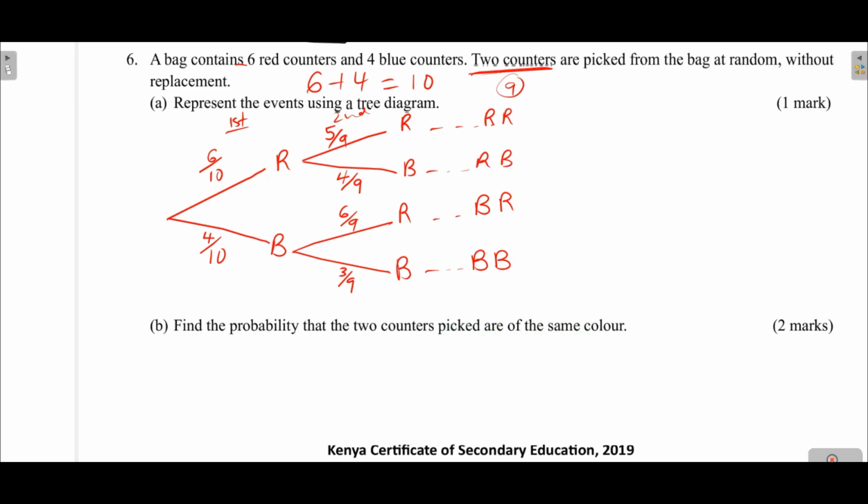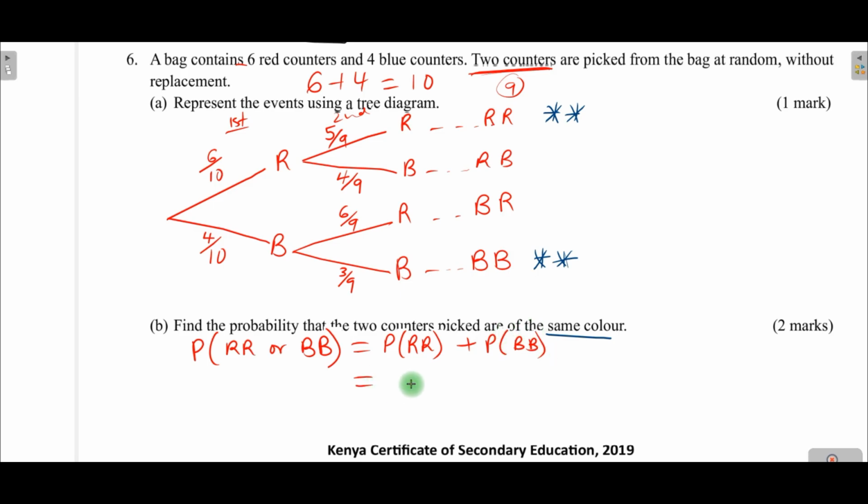So 2 counters picked are of the same color. We have this case a red and a red, and here we have a blue and a blue. So those are the ones we are going to look at, of the same color, and therefore that is the probability of either a red and a red or a blue and a blue, which will be the probability of picking a red and a red plus the probability of picking a blue and a blue.